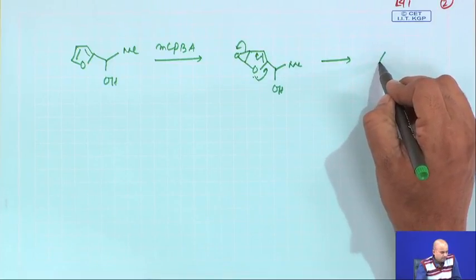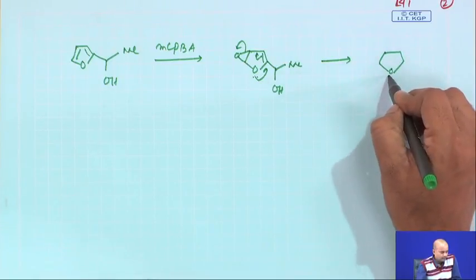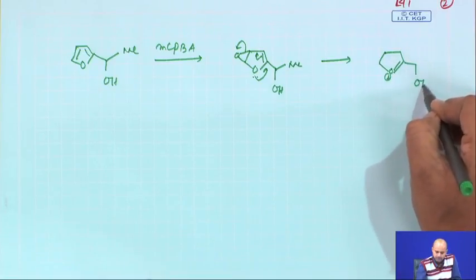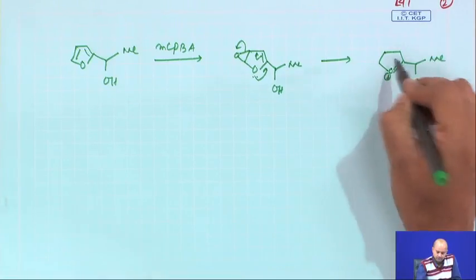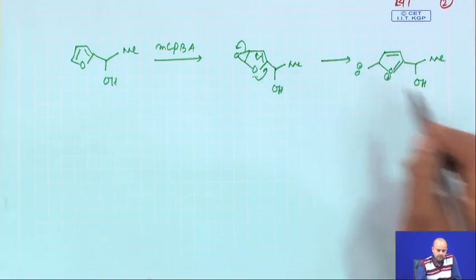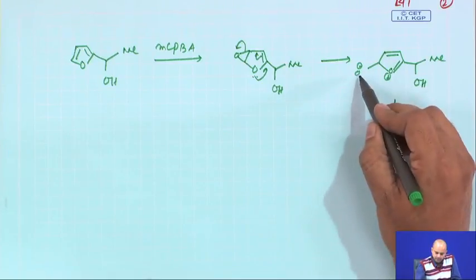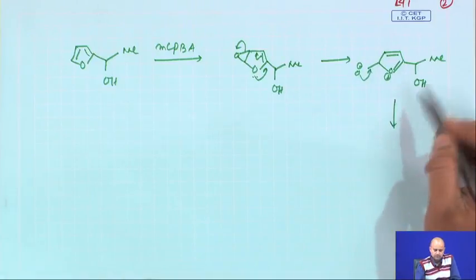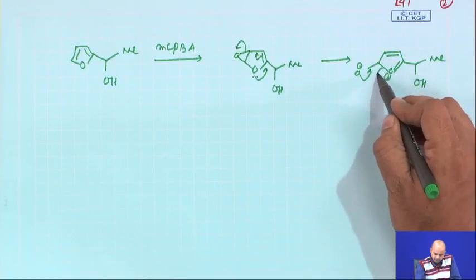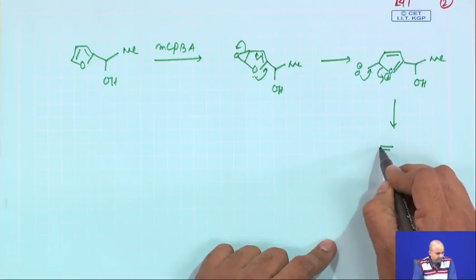This gives you a species where the oxygen becomes an oxonium ion, and then the remaining epoxide opens up to give you an alkoxide, O minus. Now, this O minus helps to discharge its electrons and opens the furan ring in this fashion.